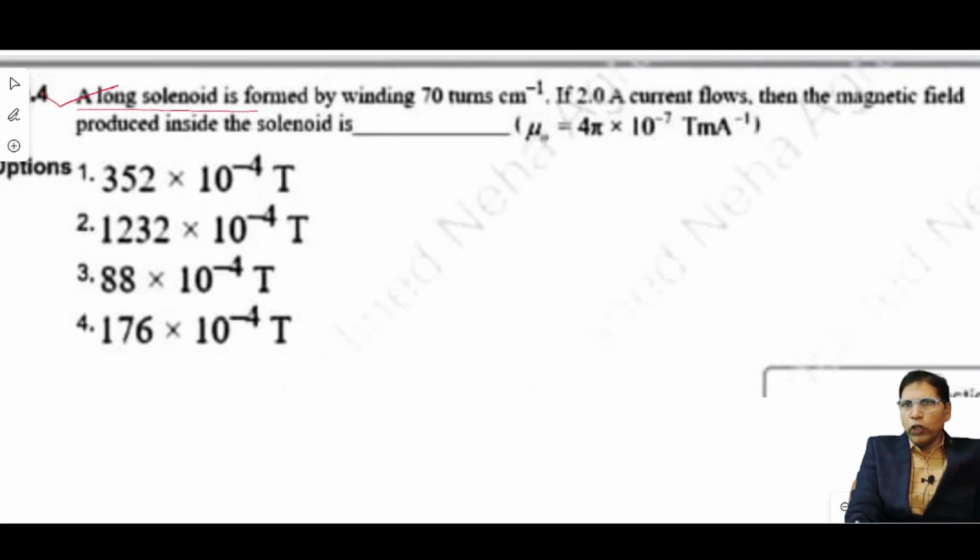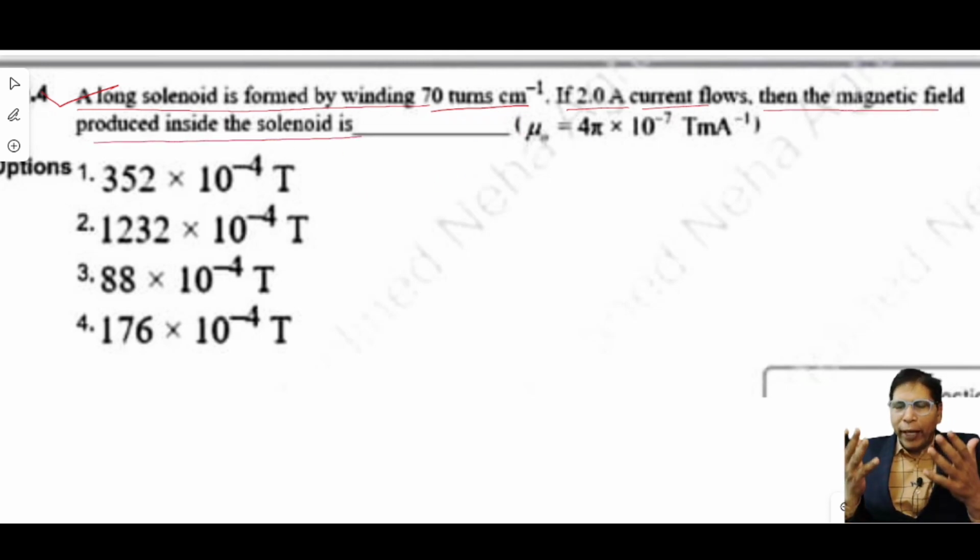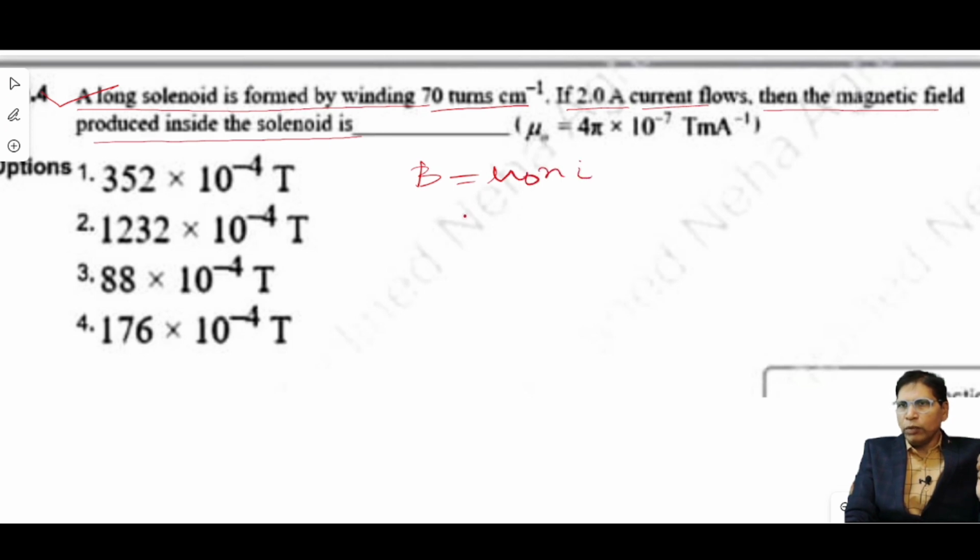A long solenoid is formed by winding 70 turns per centimeter. If 2 ampere current flows, then find the magnetic field produced inside the solenoid. You know the magnetic field inside the solenoid B equals mu naught N i. What is mu naught?